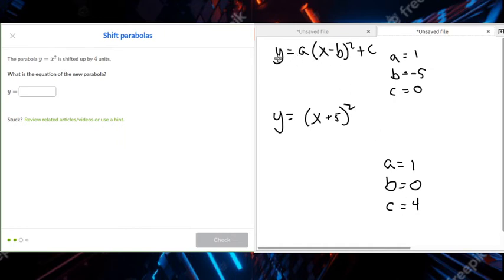So here we go. y is equal to 1, so I'm not going to write the 1, x minus 0, so I'm not going to write that, plus 4, or I can write just x squared plus 4.